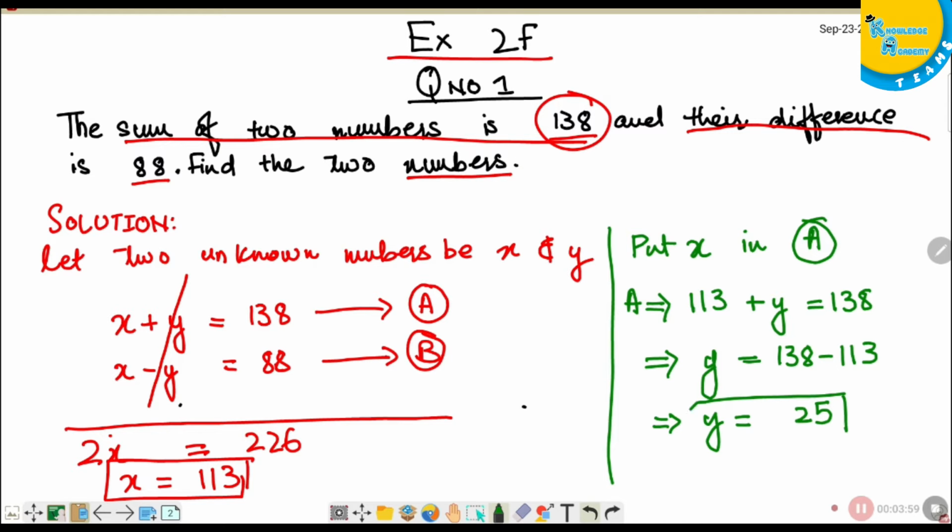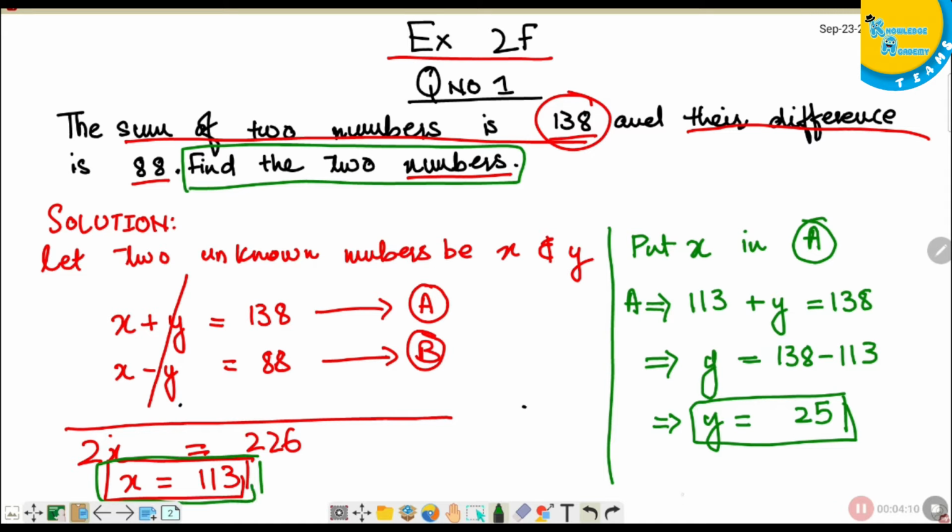So the value of y is 25. Now the two numbers that we have to find out: one number is 113 and the other number is 25.